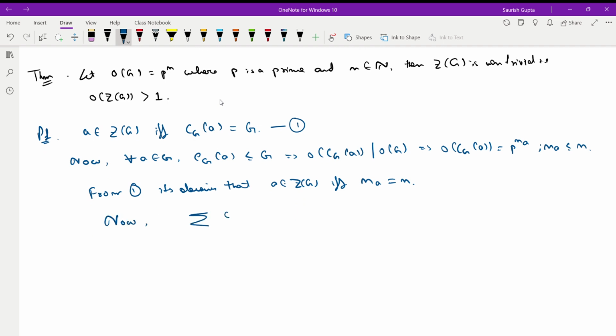Now, observe this element: the order of G over the order of the centralizer of A, where A ranges over the elements in G. When this element A ranges over all the elements in G, it will obviously also run over all the elements in the center. So whenever A is an element in the center, the order of the centralizer of A equals the order of G. So essentially, the summand becomes 1.